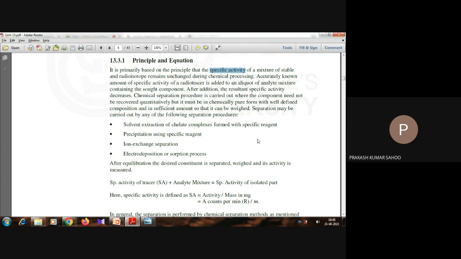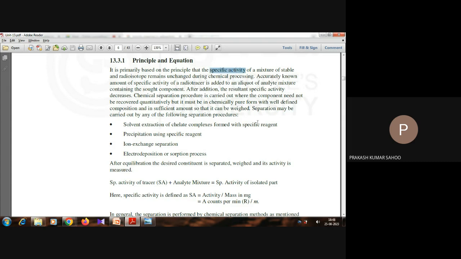Separation may be carried out by any of the following separation techniques. So here there will be a chemical reaction as well as chemical separation, which depends on the specific activity of the component.